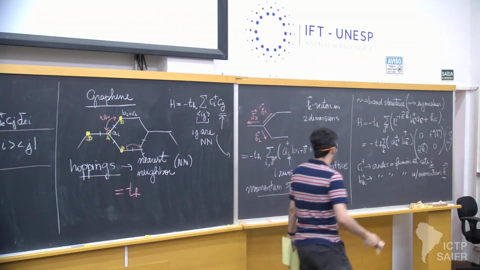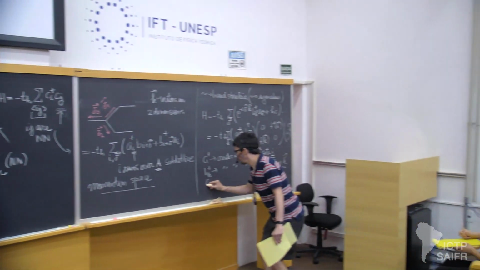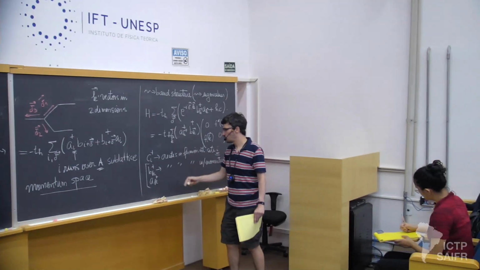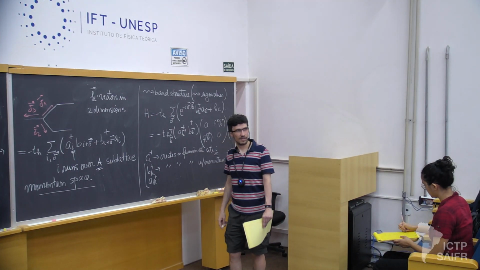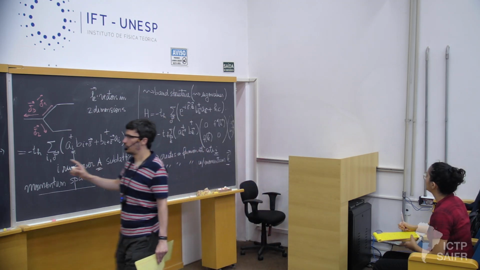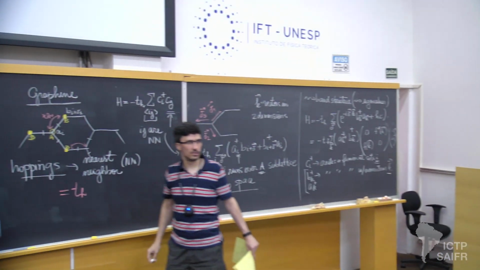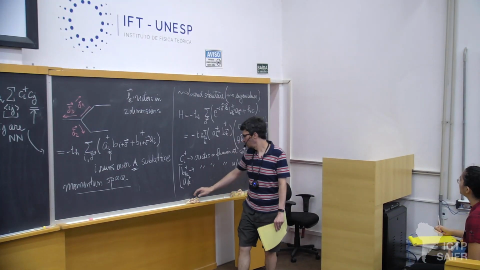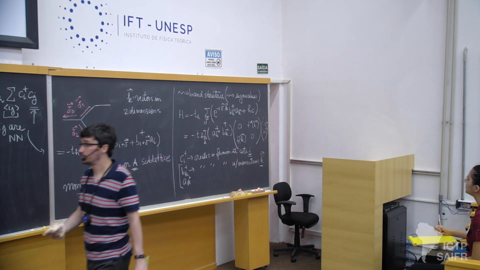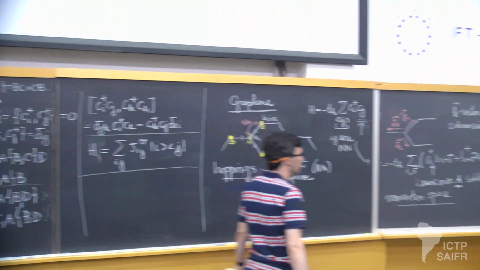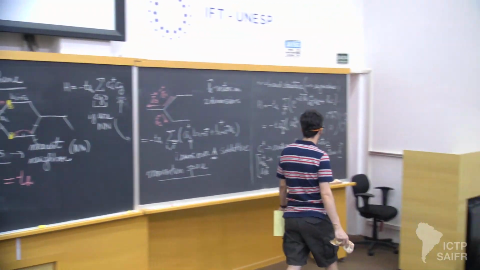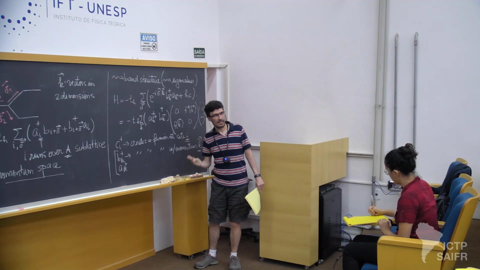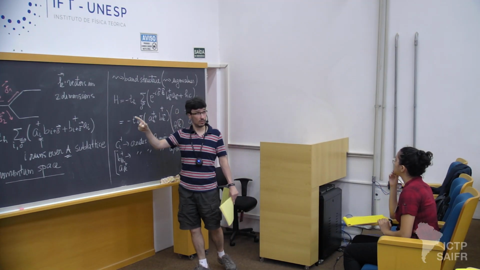Same as a_k. They both create fermions with momentum k, but A and B are called sublattice indices, as I told you before. They come from having A and B here. So we have two flavors of fermions of momentum k. Then we can diagonalize this Hamiltonian. It's still not diagonal. If you want to find the band structure or the energies, you have to diagonalize this Hamiltonian.